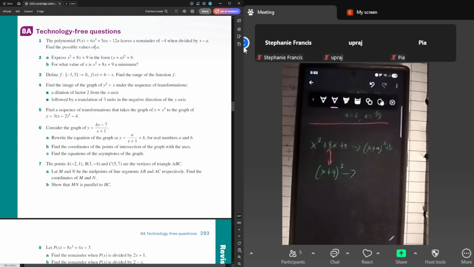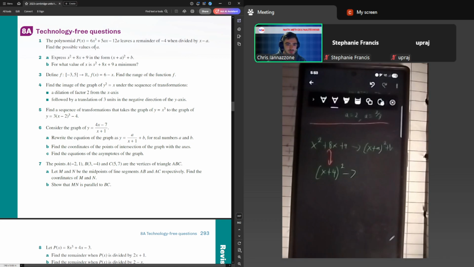When we say we want to find a minimum of something, in the context of graphing, what does that mean? Would it be the turning point? Yeah, it's going to be the turning point in this case specifically. But broadly speaking, we're talking about the smallest possible y value on the function. That's what a minimum is. In the context of quadratics, it's going to be the turning point because this is a positive quadratic.